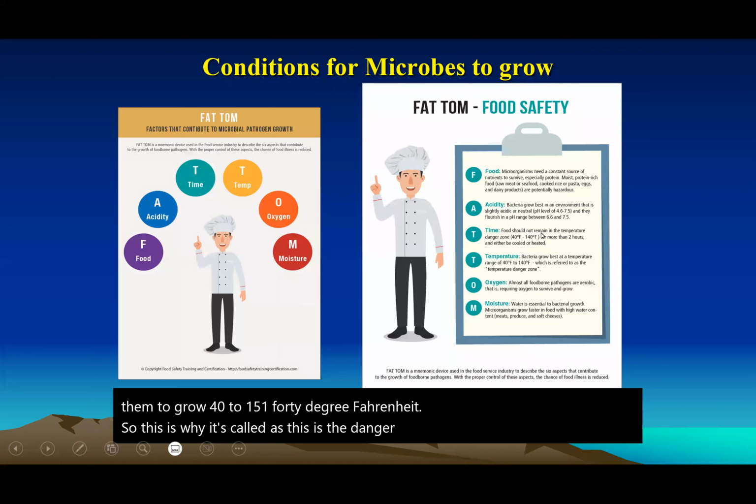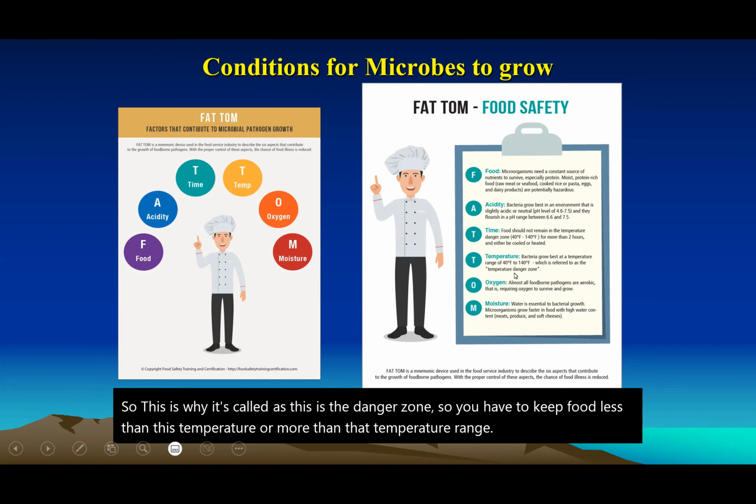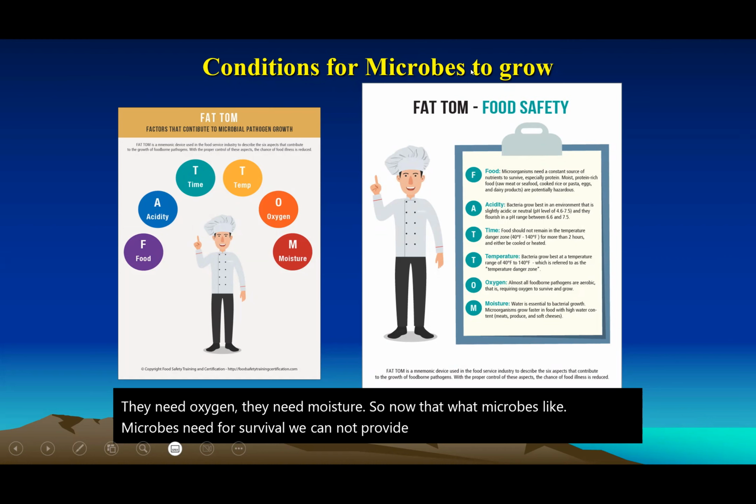So you have to keep food less than this temperature or more than that temperature range. They need oxygen, they need moisture. So now that you know what microbes need for survival, we can not provide it, thereby deterring their growth.